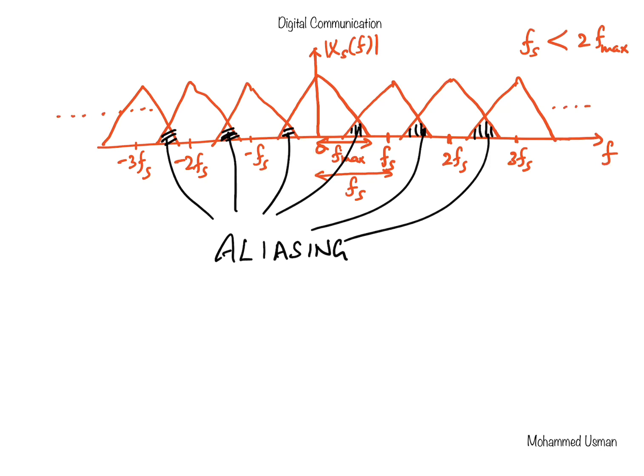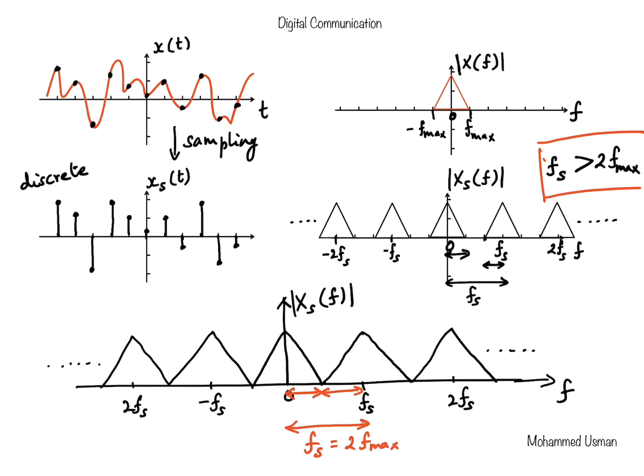So what we notice when we compare these spectral diagrams of the sample signal is that in the case where the sampling rate was more than the Nyquist rate, there was a gap between these spectral replicas, and when the sampling rate is reduced, these spectral replicas are moving inwards. So when they move inwards, they are coming closer to each other.